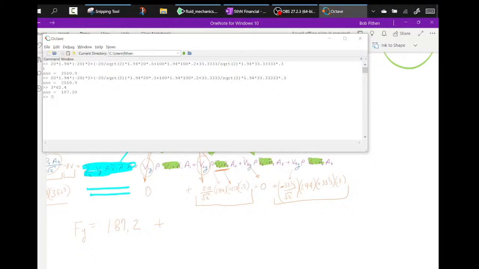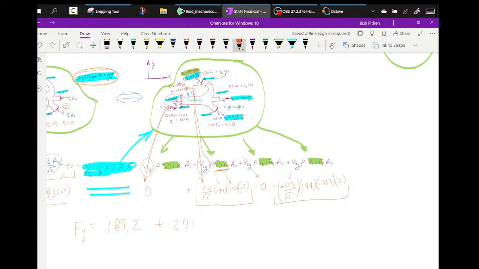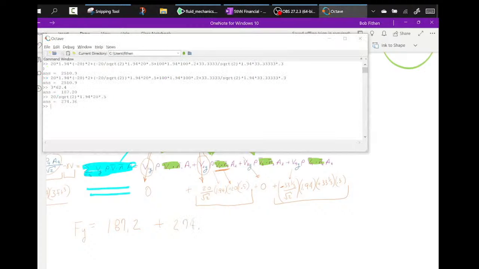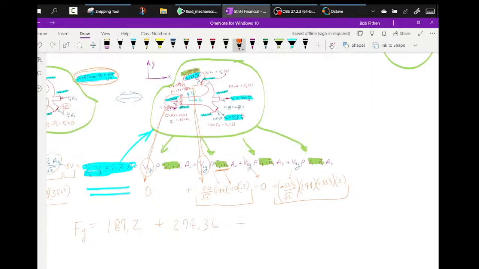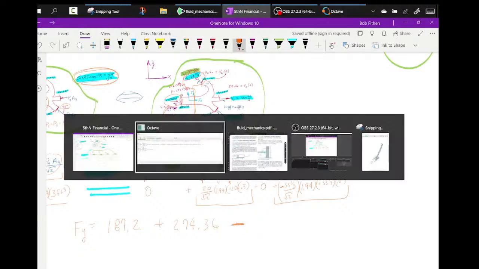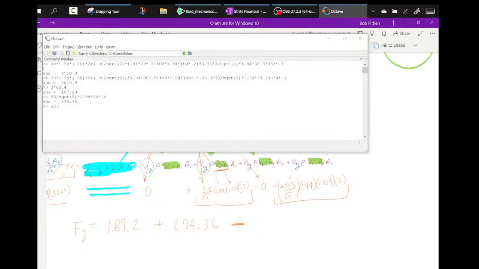Okay, 20 divided by square root of 2 times 1.94 times 20 times 0.5, 274.36 minus 33.33333.